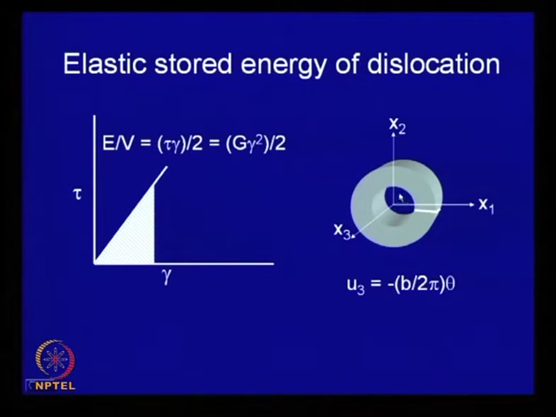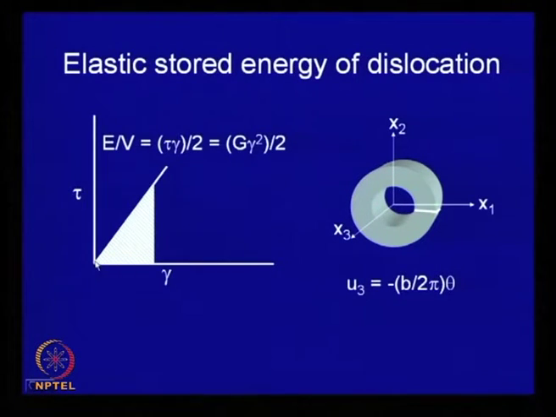Here we do not know, there will be a disturbed lattice structure, and the stress will be too high. We can say let the stress over here be equal to the theoretical strength of the crystal. With this assumption it is possible to apply the theory of elasticity to calculate not only the stress field, but also the elastic stored energy of a dislocation.